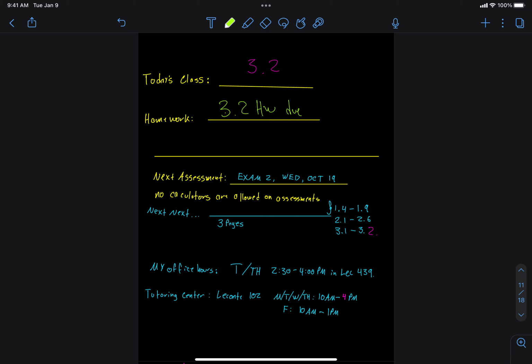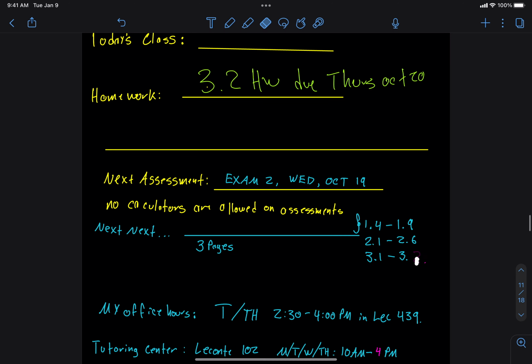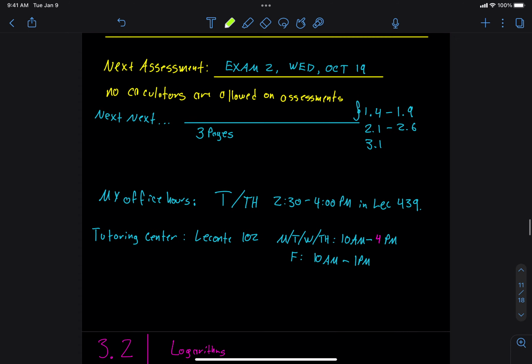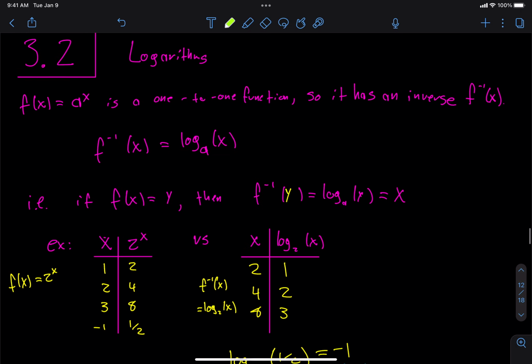Okay, 3.2 homework will be due Thursday of next week, Thursday, October 20th, which means that I can't put 3.2 on the exam. So it'll just cover 3.1 from chapter 3. So less stuff to study. But then again, it's more stuff to study for the next exam. So 3.2 will not be on the exam, and what we're talking about today will not be on the exam.